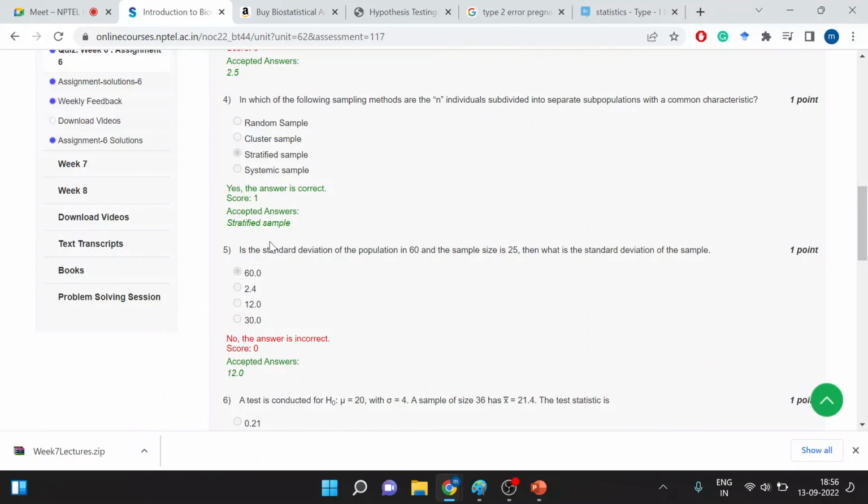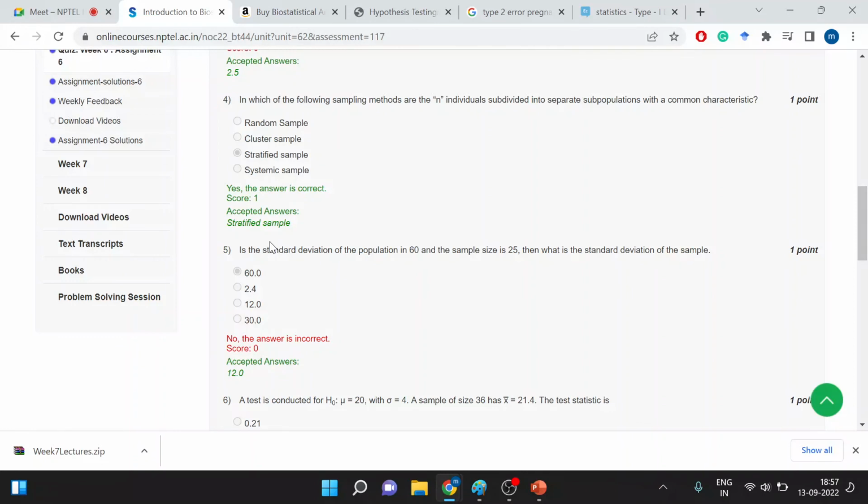Because the standard error of mean here is 12. As she said earlier, 12 was the standard error of mean. So from that, there must be a mathematical relation between the population mean and the sample mean.